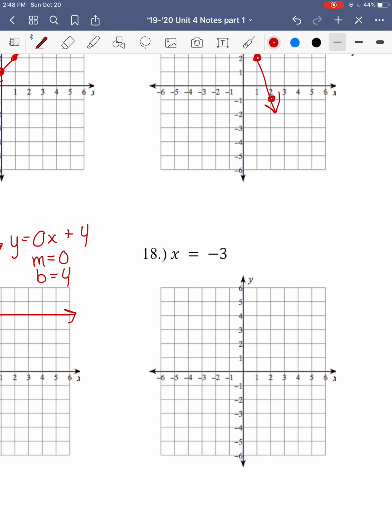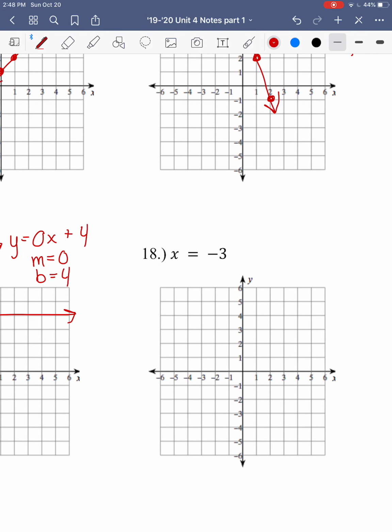So then in number 18, I see x and I see -3, so I go to -3 on my x-axis. I can't draw a horizontal line through that, so I make a vertical line. You might also hear me use the acronym VUX and HOI. You'll hear me say this a lot.